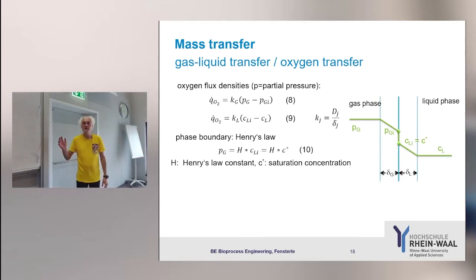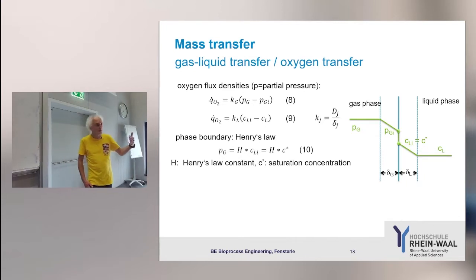So the question was, I have a gas phase, let's assume the gas phase is air. Let's keep that constant. And now the question is, if I have a different liquid phase, if it's not water, does that change? Yeah, for sure. The solubility of oxygen in another liquid will be completely different. There you will have a different Henry's constant.